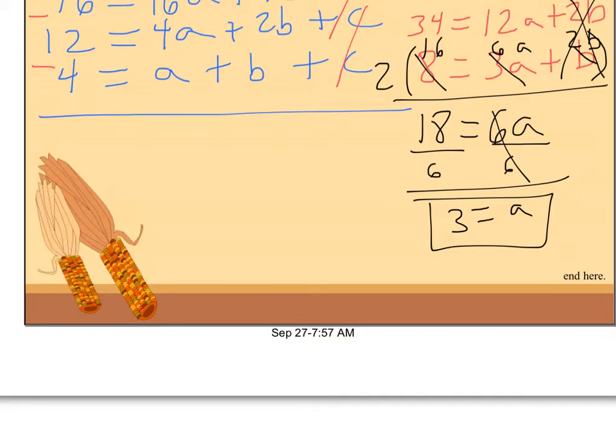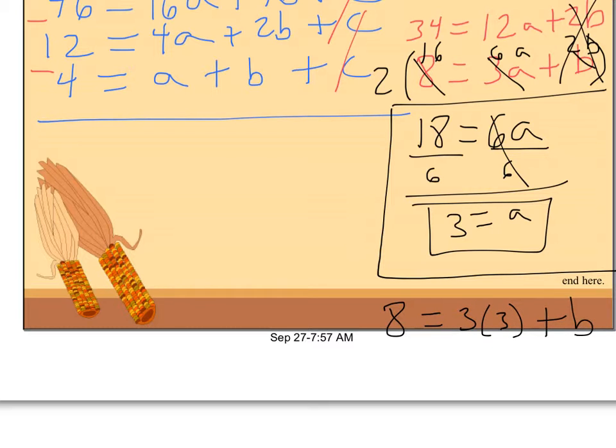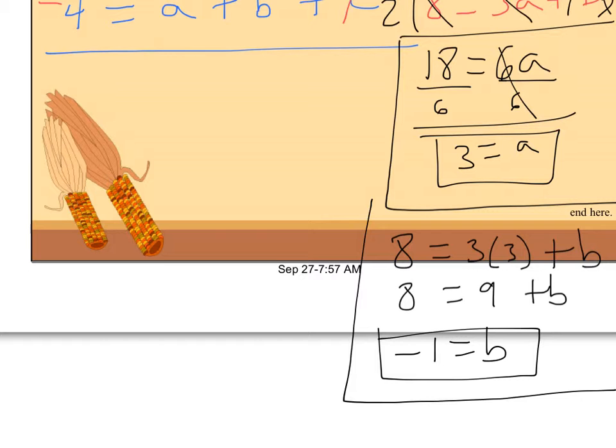So using this information now, I can say that 8 equals 3 times 3 plus b, which means 8 equals 9 plus b. Subtracting 9 from both sides, b is negative 1.